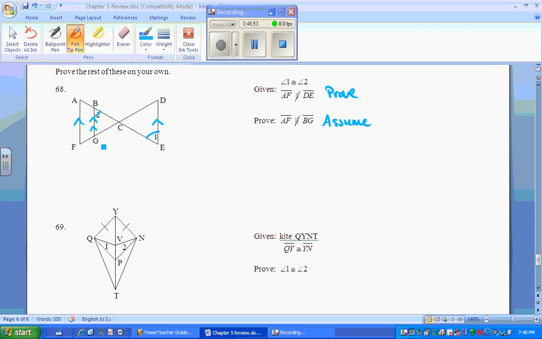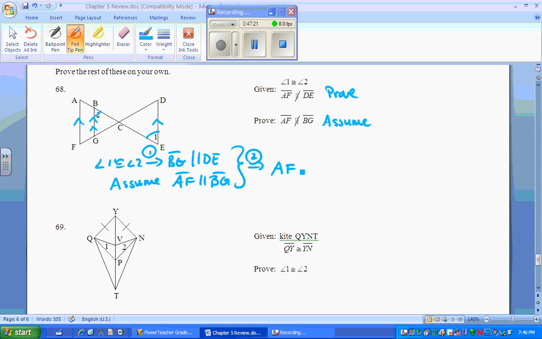So I would start out with angle 1 is congruent to angle 2, which, reason 1, gives me BG is parallel to DE. We assume AF is parallel to BG, which then, if those are both parallel, we know AF would be parallel to DE.